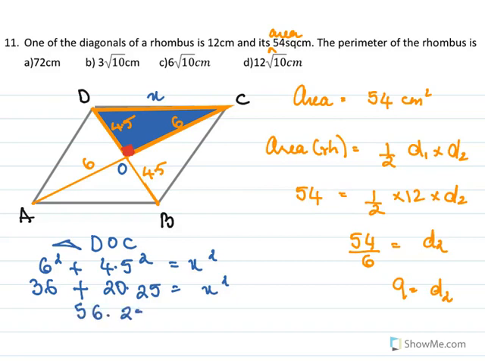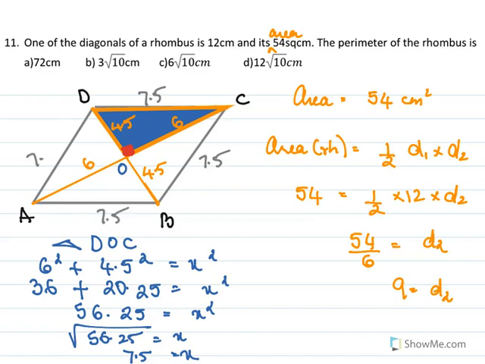So 56.25 equals x squared. x will be the square root of 56.25. And x equals 7.5, which means the perimeter, since all the sides are equal, will be 7.5, 7.5, 7.5, 7.5. And the right option here, the perimeter, will be 30. However, the option is not given here, so I think the answer should be 30 centimeters. There may be a mistake in the options that are given.